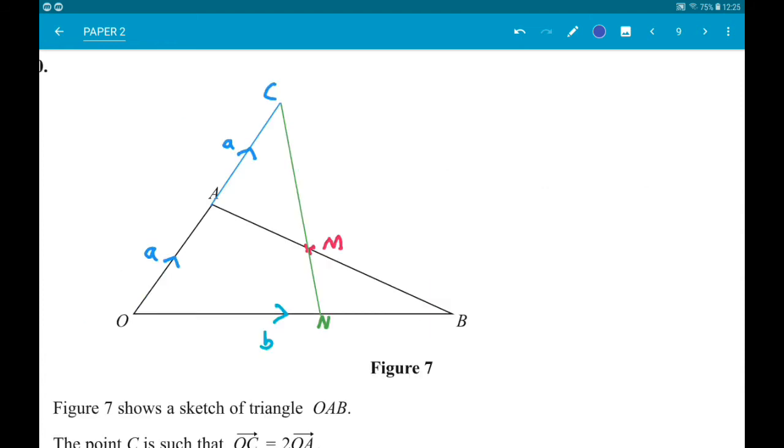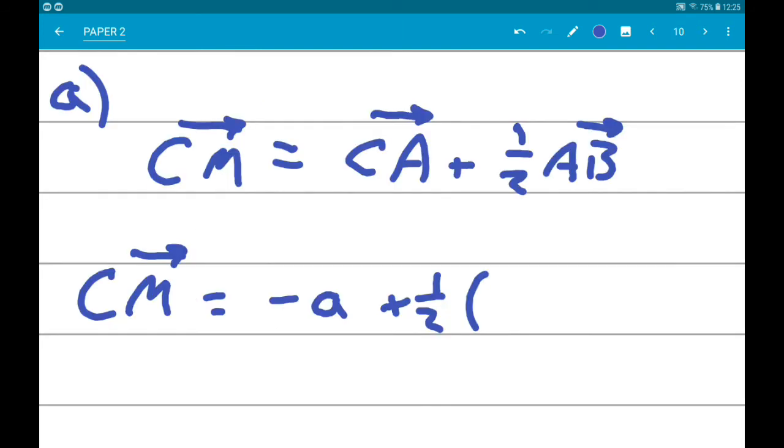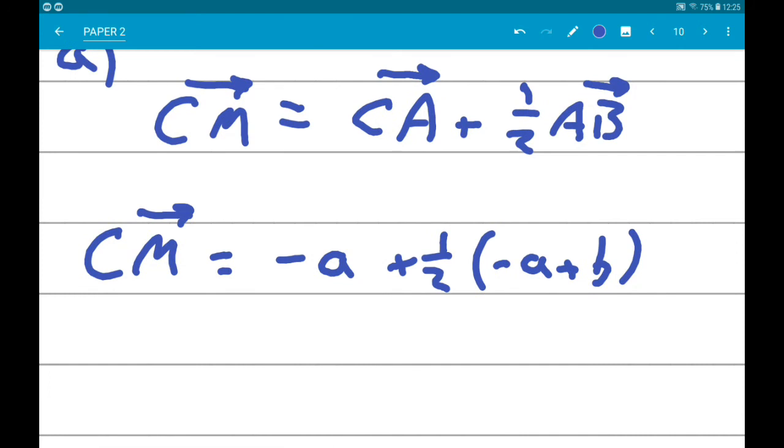To get from A to B, we go minus a, add b. So that then is minus 3/2 a, add 1/2 b.